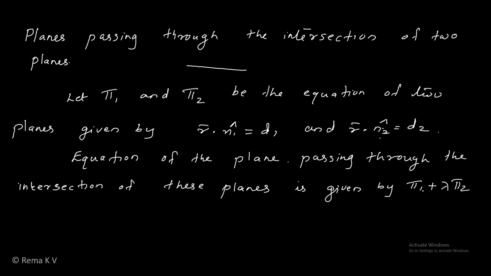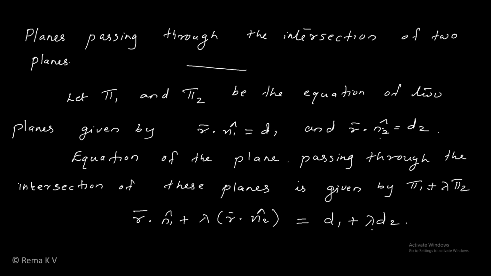That is first equation plus lambda into second equation. So let us consider this one. Vector r dot n1 cap plus lambda into vector r dot n2 cap, this is equal to d1 plus lambda d2.